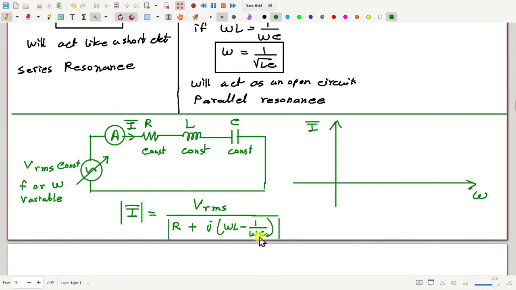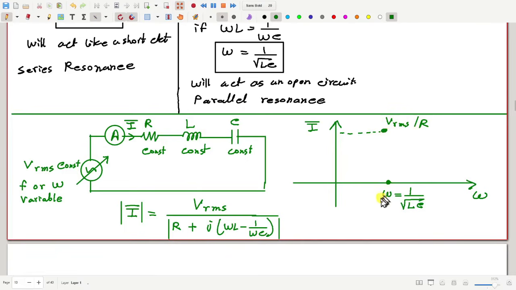When omega L is equal to 1 by omega C. Suppose that point is somewhere here, the frequency corresponding to 1 over root LC, the resonant frequency omega naught. Then here the current will be maximum. How much will this value be? It will be VRMS by R.